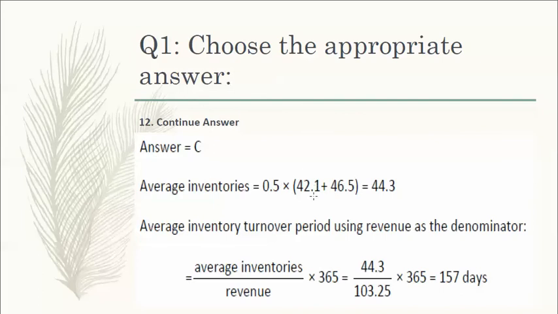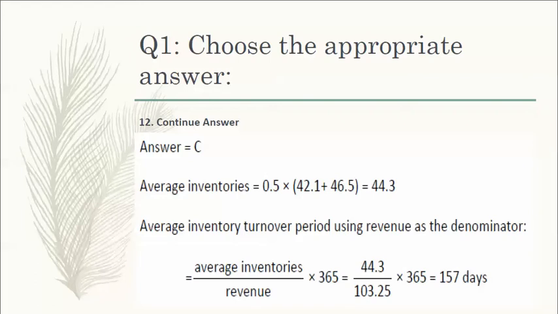This figure represents the beginning inventories, and this amount represents the inventories held at the end of the period. To get the average, we add them and multiply by 0.5.